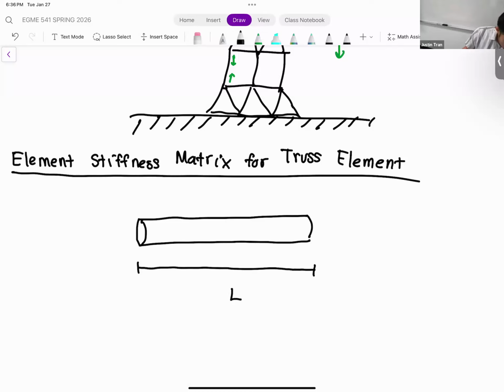It's also going to have a particular cross-sectional area, which we're going to assume is uniform, so the element has the same cross-sectional area throughout. We'll call that A. Another thing we'll define is that we'll assume we know the material for our truss element too, so we're going to know the Young's modulus for the element as well.